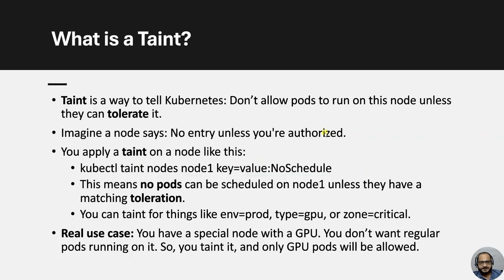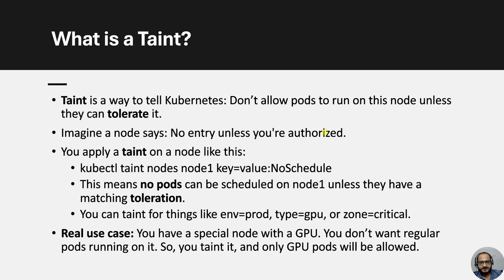In simple words, a taint is similar to a tag. Suppose I have one application which I want to run only on a specific or selected worker node, because in Kubernetes, applications or pods can be scheduled on any worker node. But in this case, suppose we have three worker nodes.